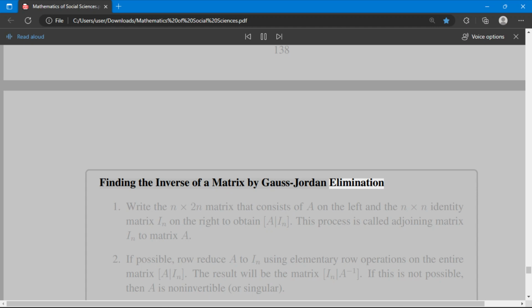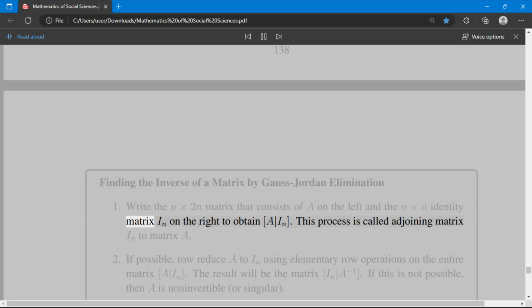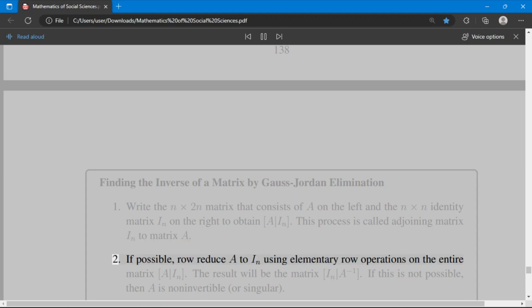Finding the inverse of a matrix by Gauss-Jordan elimination. 1. Write the n times 2n matrix that consists of A on the left and the n times n identity matrix In on the right to obtain A In. This process is called adjoining matrix In to matrix A. 2.